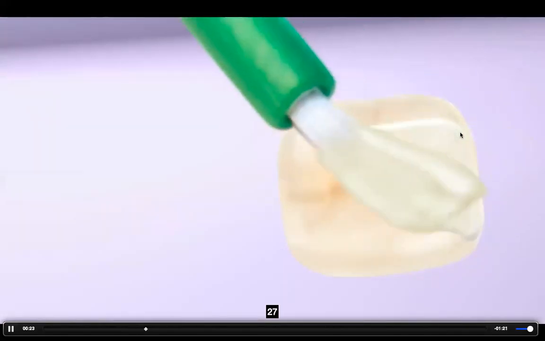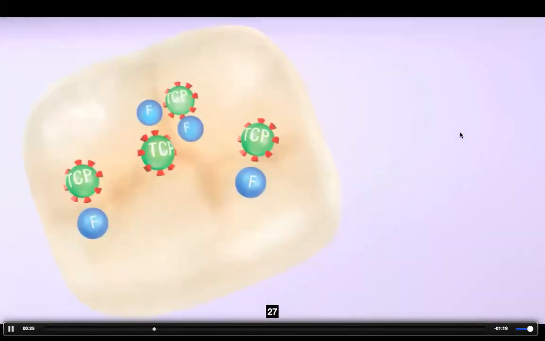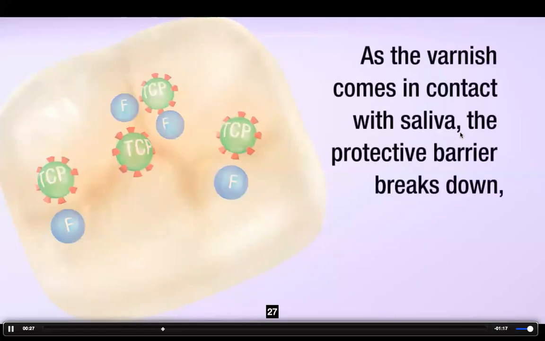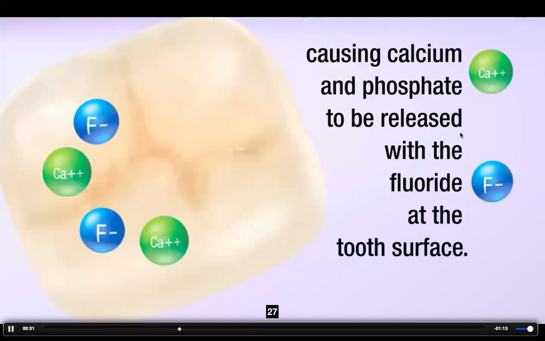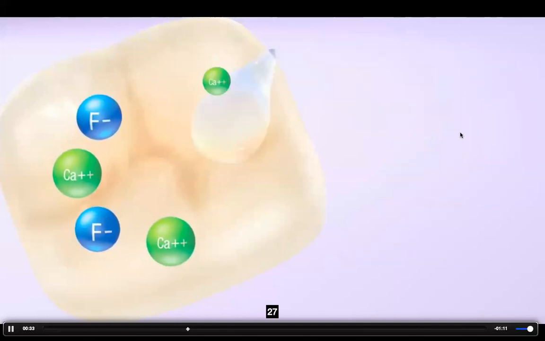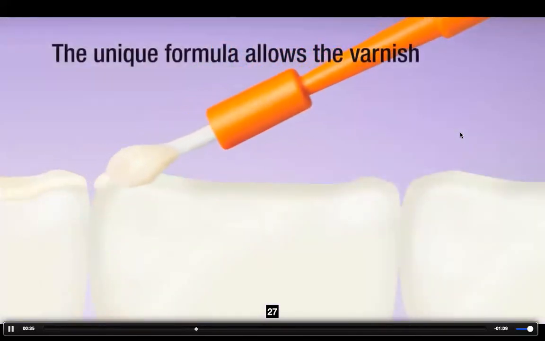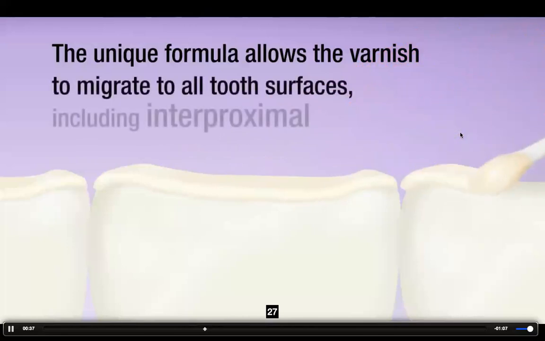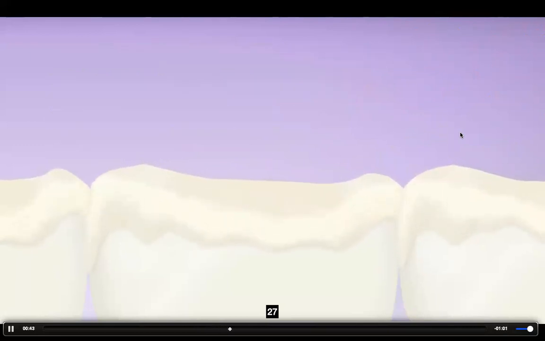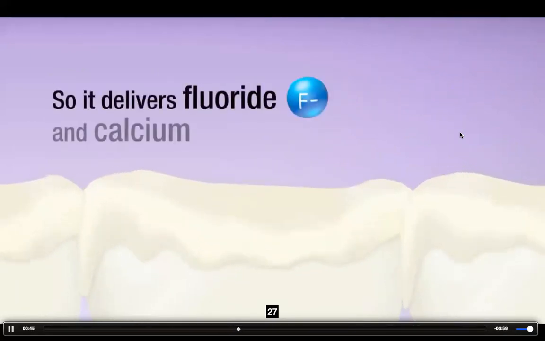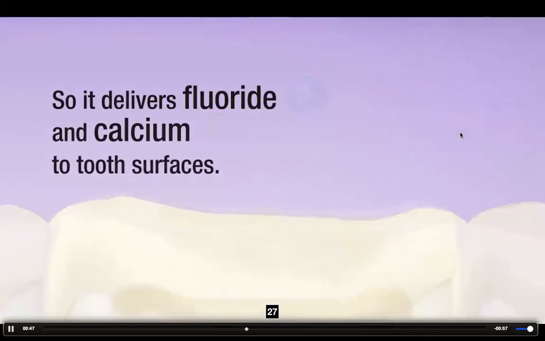As the varnish comes in contact with saliva, the protective barrier surrounding the TCP breaks down, causing calcium and phosphate to be released with fluoride at the tooth surface. The unique patented formula of Vanish White Varnish allows the varnish to migrate to all tooth surfaces, including interproximal and lingual surfaces, so it delivers fluoride and calcium to tooth surfaces.